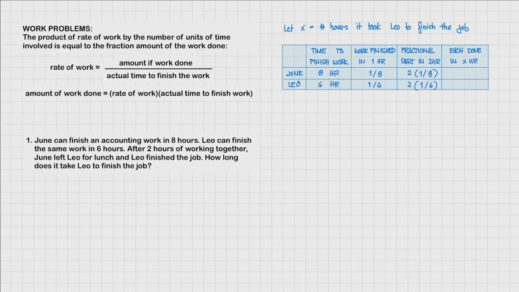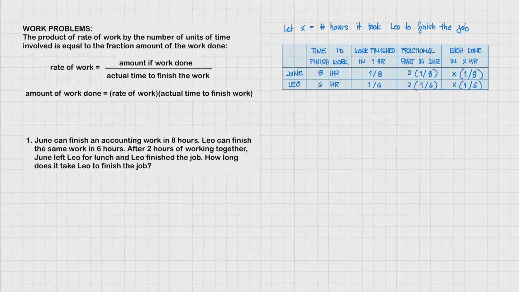So he did x times 1 over 6 of the job, while June, if June worked, would have done x times 1 over 8, right? So when the job is completed, all the fractional parts of the job must sum up to one complete work, right?